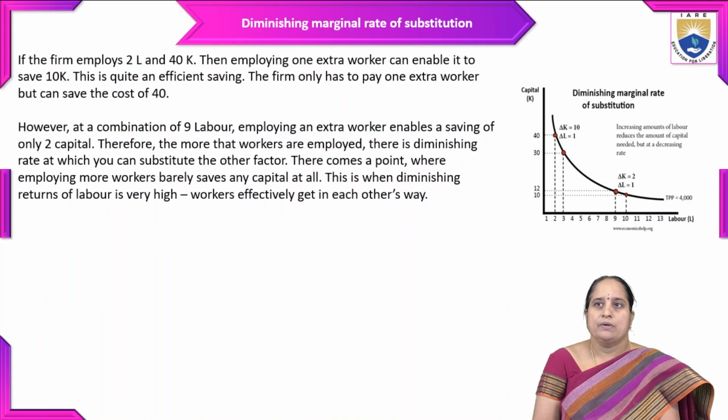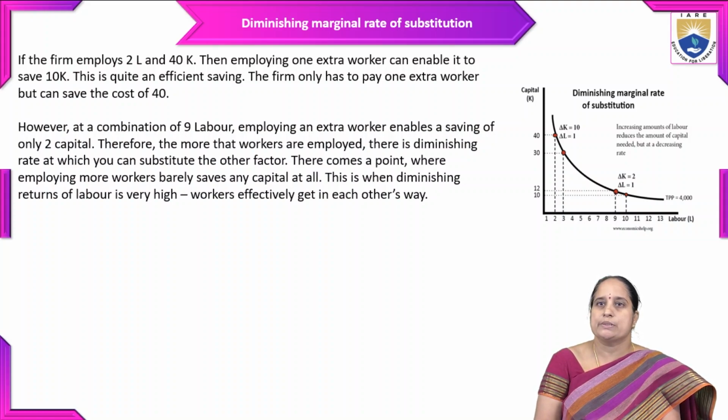Then diminishing marginal rate of substitution: if the firm employs 2 labor and 40 capital, then employing an extra worker can enable it to save 10 capital, and this is quite an efficient saving. The firm only has to pay one extra worker, but it can save the cost of 40.